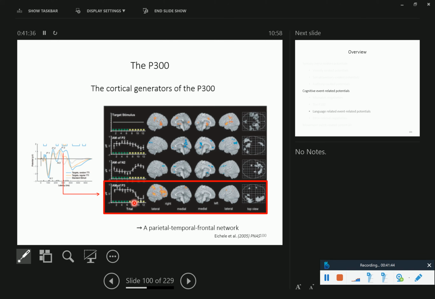So it's this frontal, parietal, temporal network, which is almost the whole brain. Yeah, and that's kind of at the level where we can keep that here.